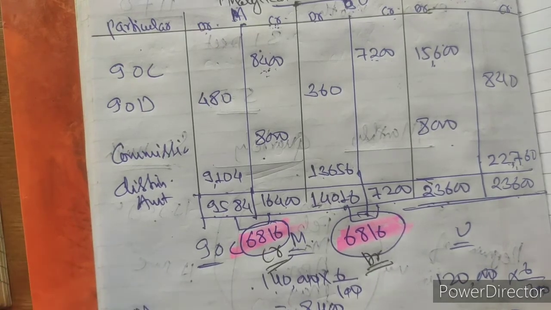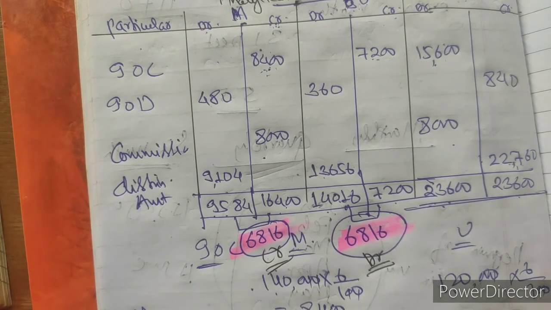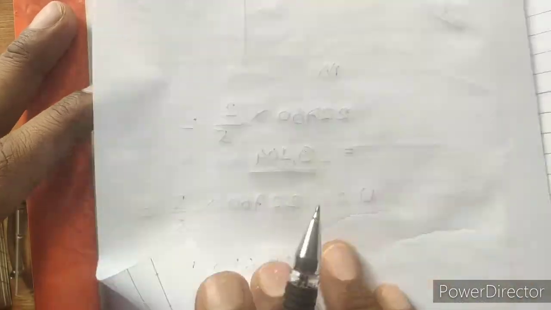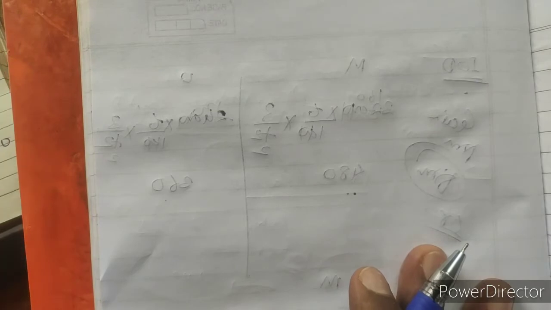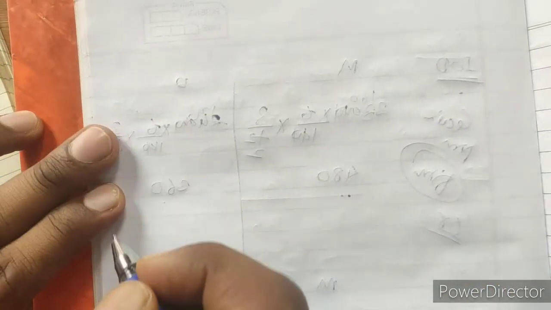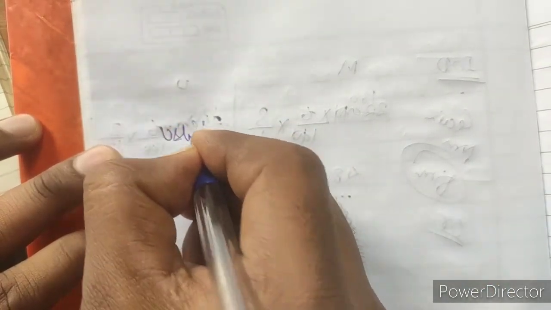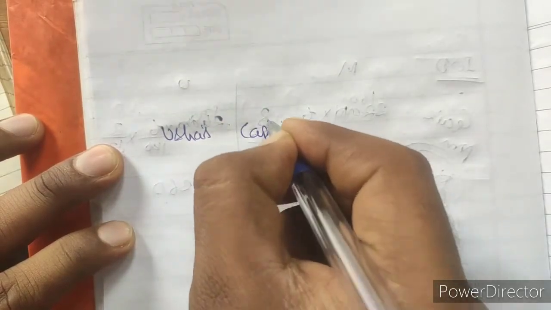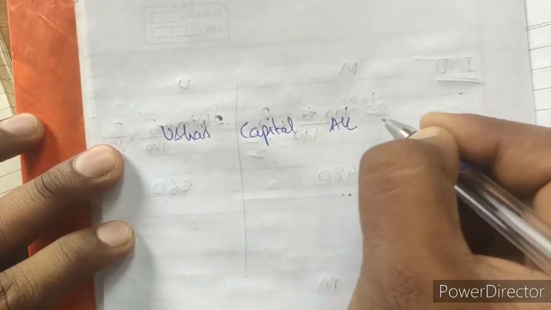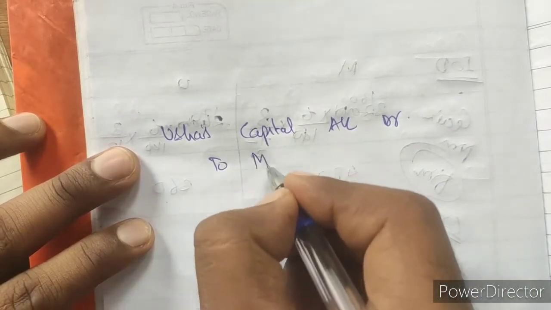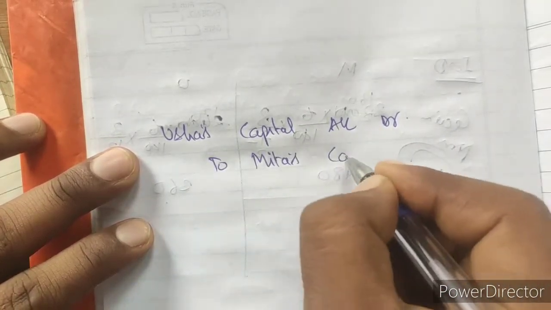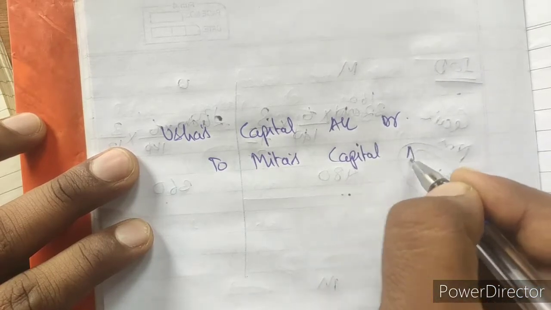So now the last step will be the entry. Let us pass the entry over here. While we will pass the entry, what will be the entry? So it's USA's capital account debit that we have calculated. So USA's capital account debit to Mita's capital account.